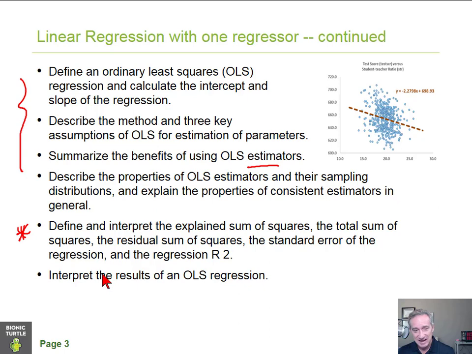this second to last or penultimate learning objective is important because we want to look at the sum of squares concepts: explain sum of squares, residual sum of squares, and the R squared and the standard error of the regression.